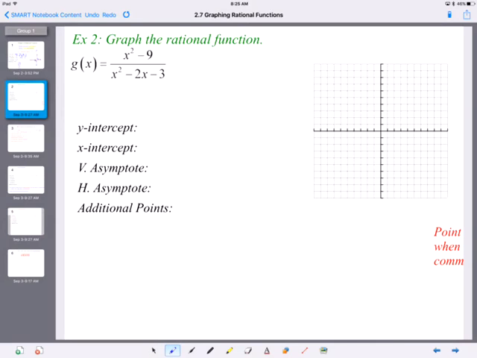One of the things we talked about the other day is we can't find the vertical and horizontal asymptote until we simplify the function. So on this one we can see that it can be factored. So let's go ahead and factor it. Make sure it is simplified.